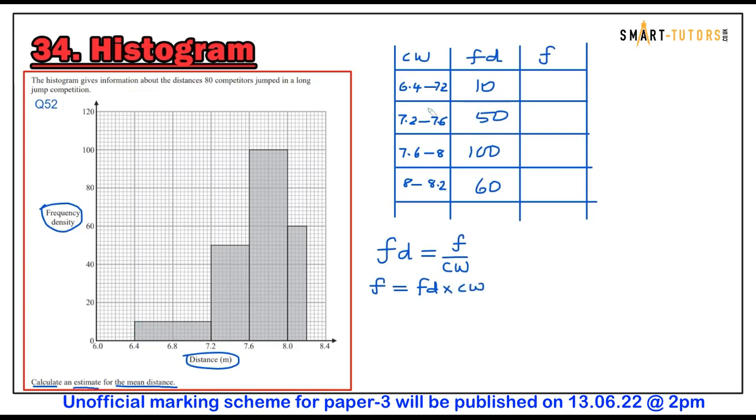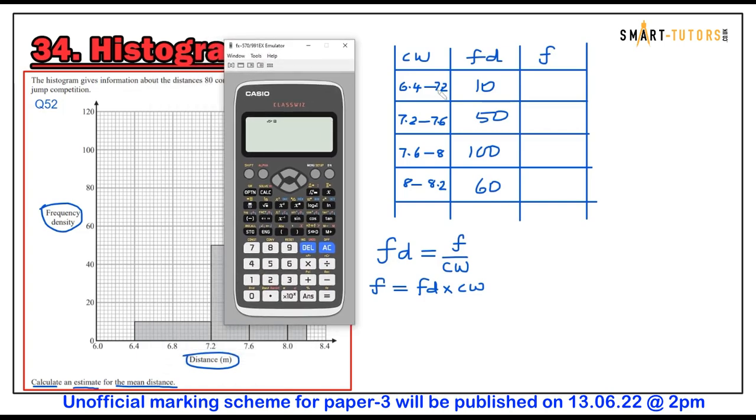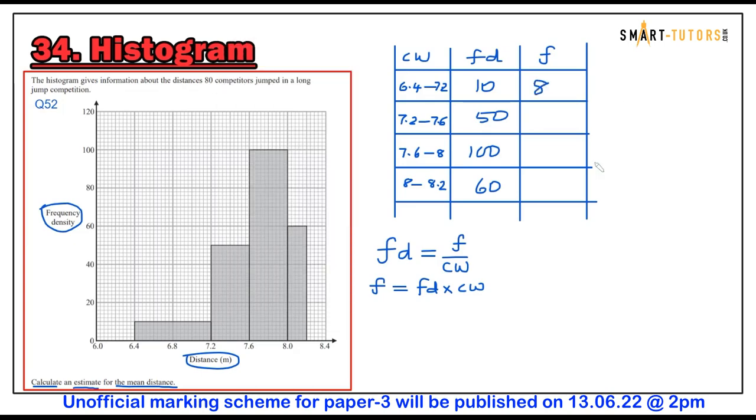Now I'm going to use my calculator with each class width. 7.2 to 6.4, that's roughly 0.8, times 10, so that is 8. Likewise, I'll fill in this one. This is 8.